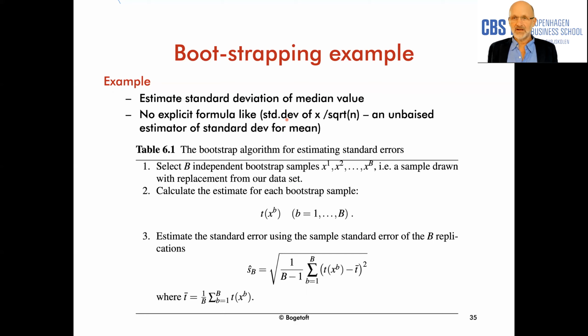Well, you have some observations, then you select B independent bootstrap samples, which we'll call x1, x2, and so on, up to xB, superscript b. Each of them is drawn from the data set with replacement.